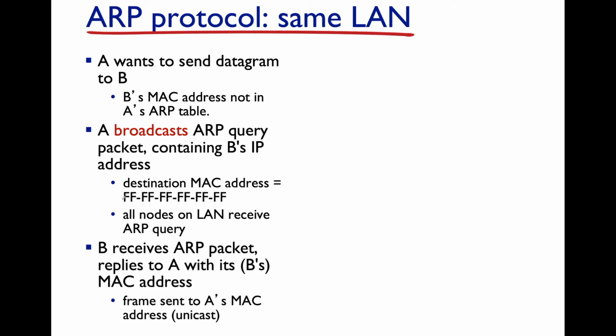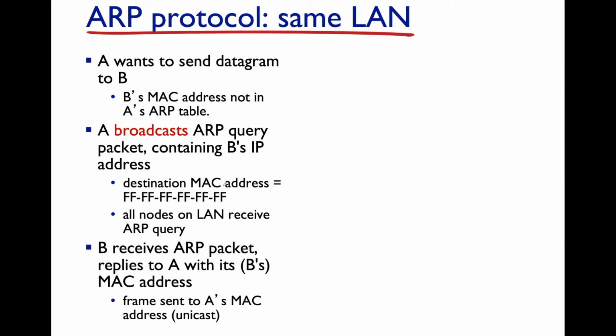It's the MAC address with all Fs, which corresponds to a 48-bit MAC address that has all ones for each position. And so when you send a frame to this broadcast MAC address, every single node on the network, their network interface card, link layer specifically, is going to pick it up.